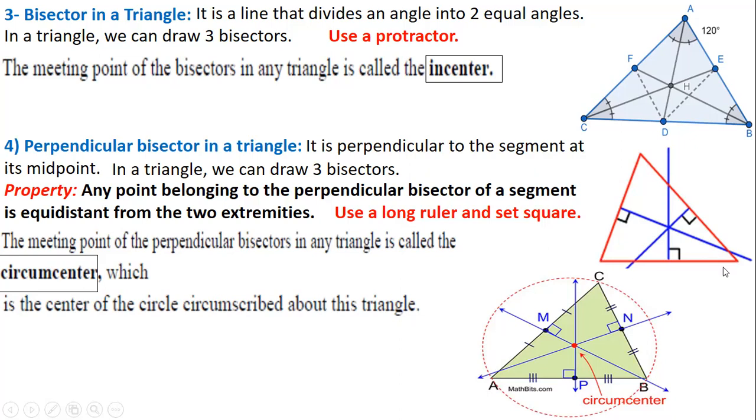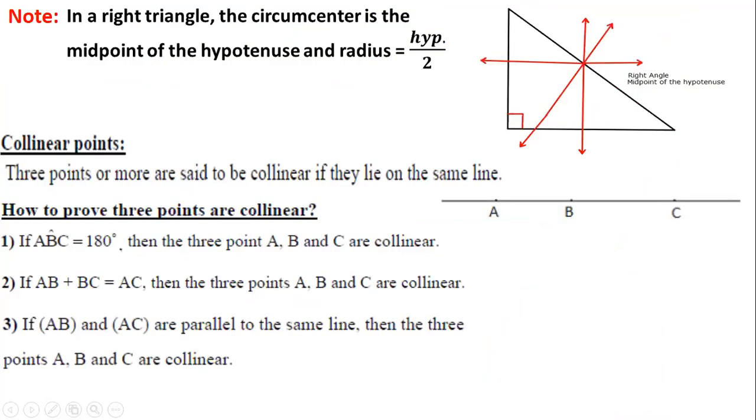This circle will pass, as you can see down here, through the 3 vertices. Note a very important note. Always in a right triangle, the center of the circle circumscribed about this triangle is the midpoint of the hypotenuse. So the radius of this circle will be the hypotenuse over 2.